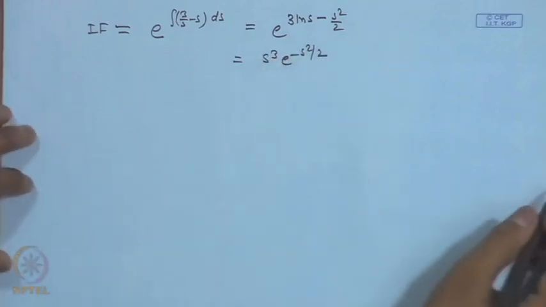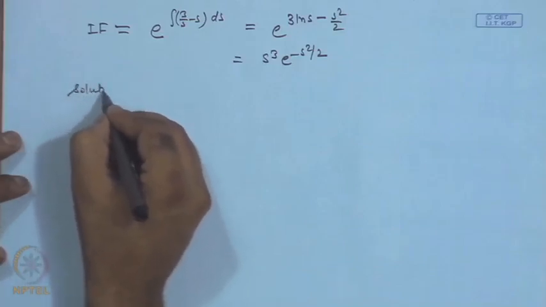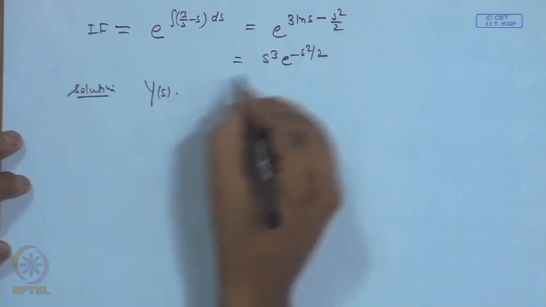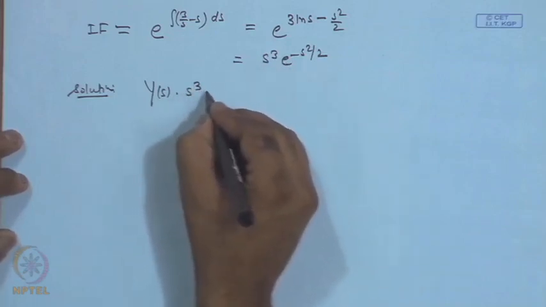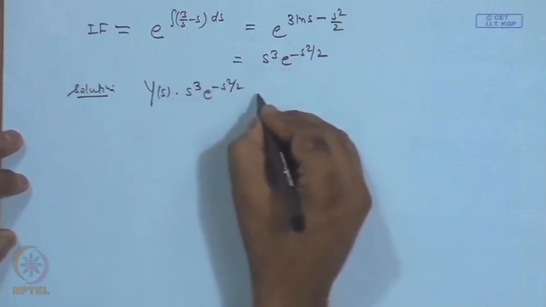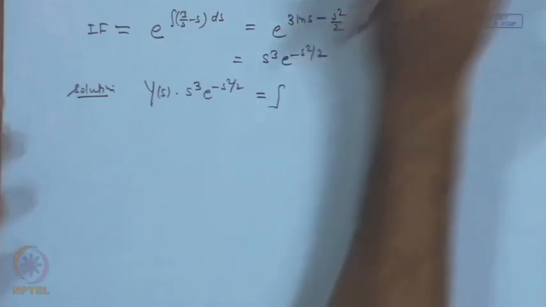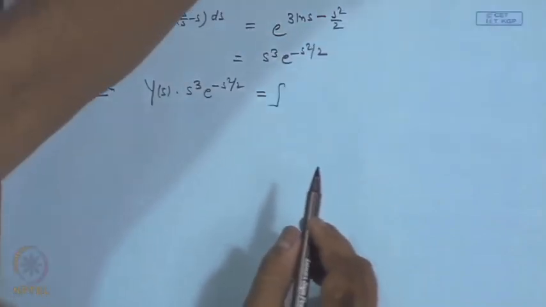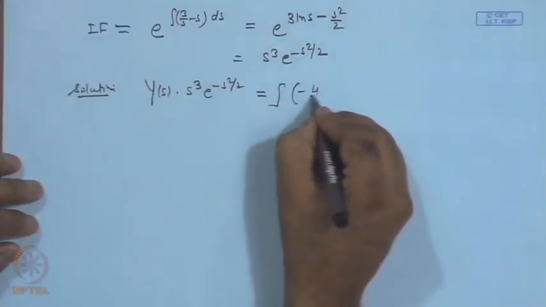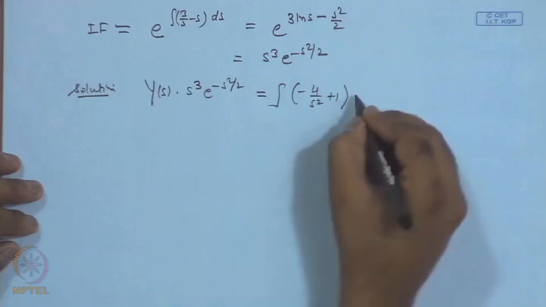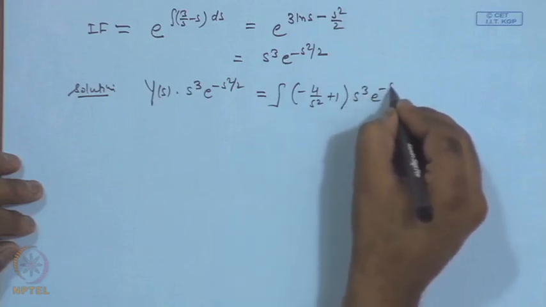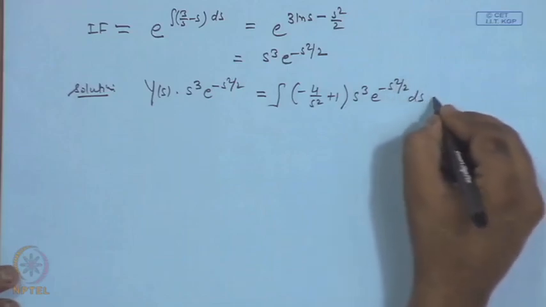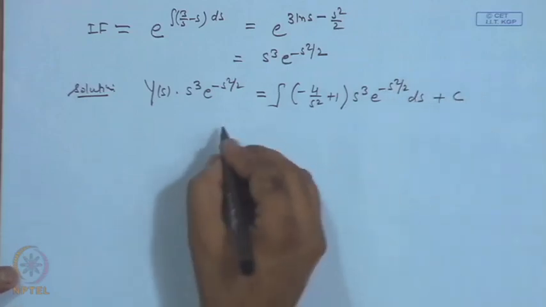2. So, the solution of that ordinary differential equation in Y(s) will be s cube Y(s) with this integrating factor e to the minus s square by 2, the integral, and the right hand side that we have here is minus 4 over s square plus 1, times this integrating factor e to the minus s square by 2 ds, and a constant of integration.